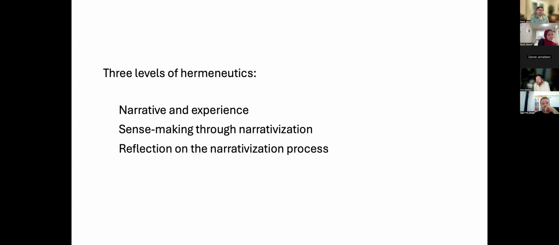Most work using narrative data would fall under what Polkinghorne would call analysis of narrative. We have narrative data and we look for patterns and themes and concerns and the like.